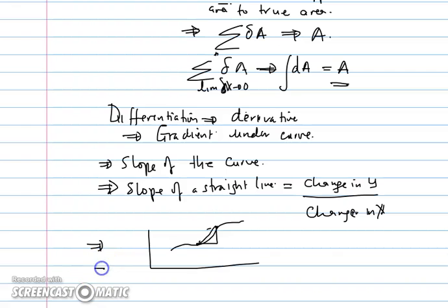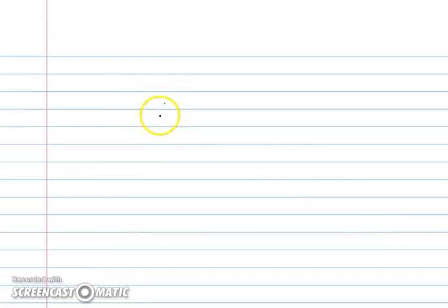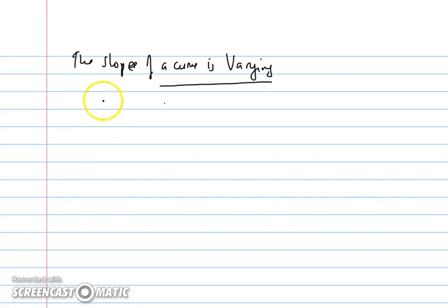In other words, the slope of a curve is varying. So, it depends on the position of x.